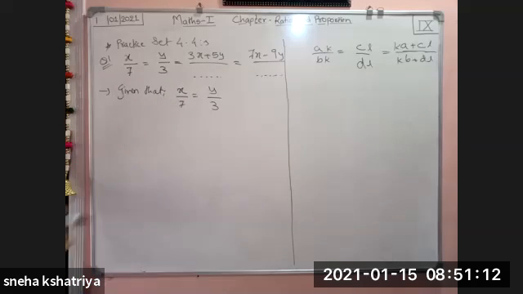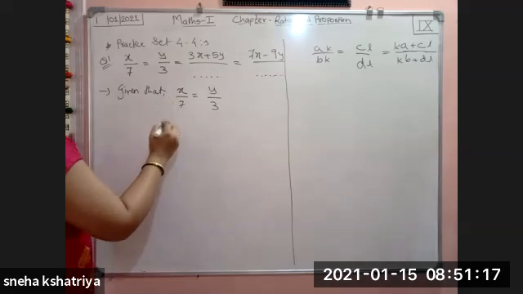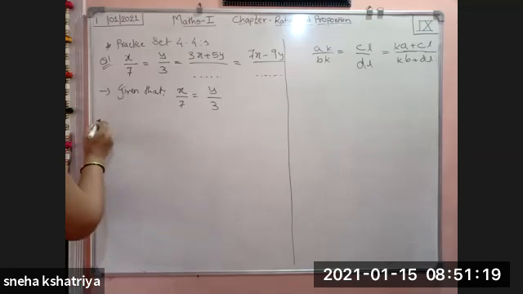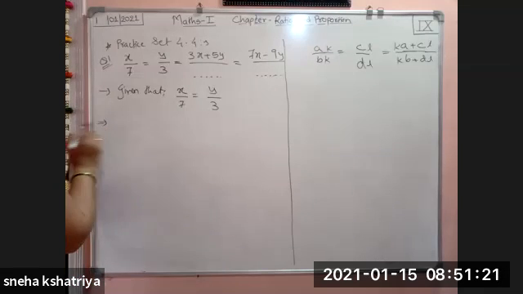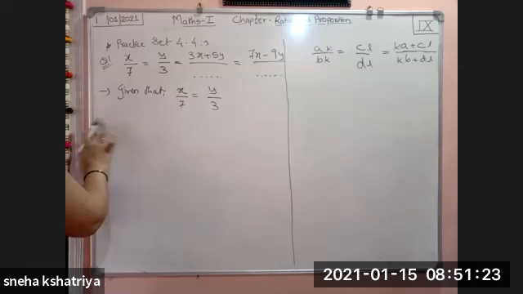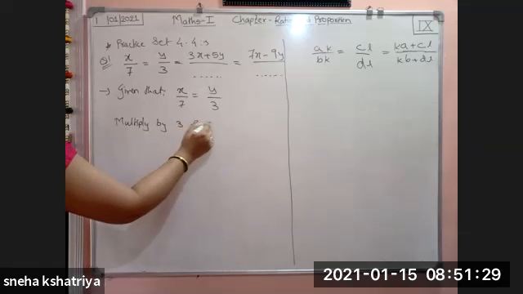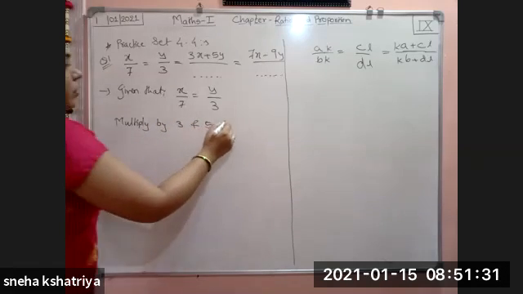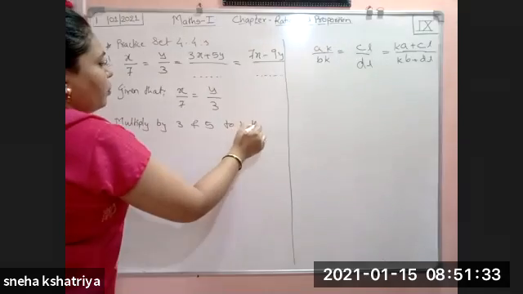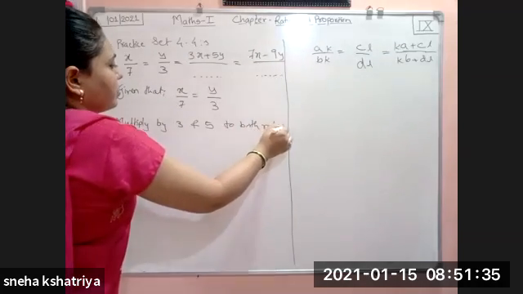So here multiply up and down. I write it here. It implies that multiply by 3 and 5 to both ratios.